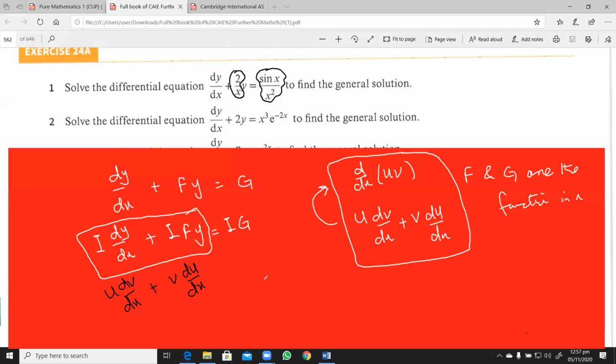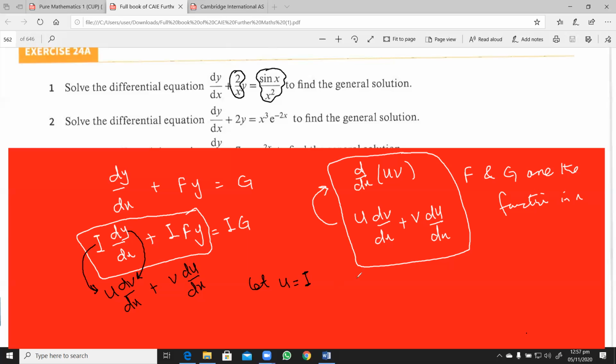Now let's assume from here that this u is going to be equal to I, or I is going to be equal to u. If this I is u, then this y is basically your v. Y is your v. Now, this I has been assumed as u, so this tells us that y can be assumed as v. Now, can I change this du by dx?